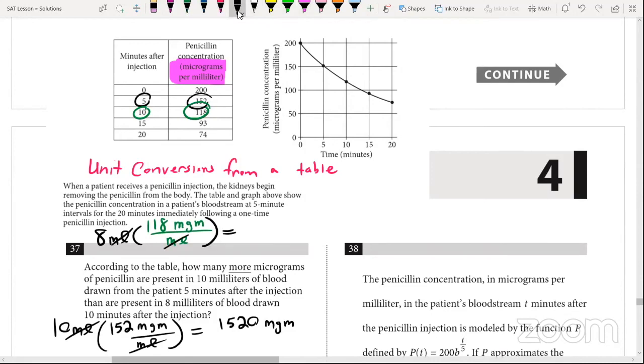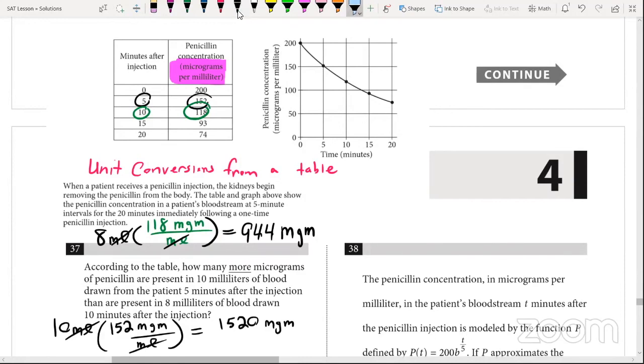So milliliters cancels with milliliters, again, one on the top, one on the bottom. And 118 times 8 is 944. And the unit is micrograms.